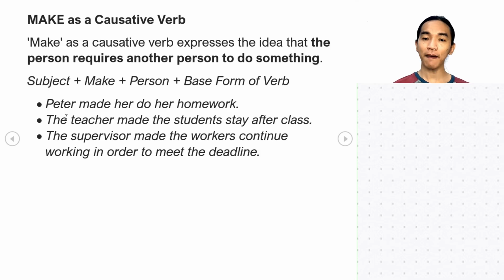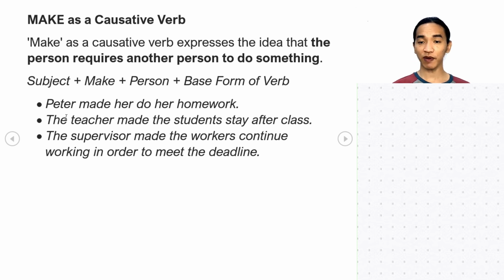Okay? Examples. Peter made her do her homework. Okay? So Peter required another person, which is her, to do her homework. Okay, next one. The teacher made the students stay after the class. So the teacher required the students to stay after class.